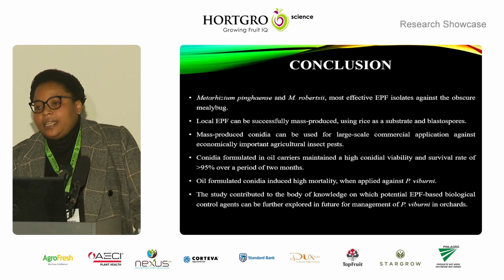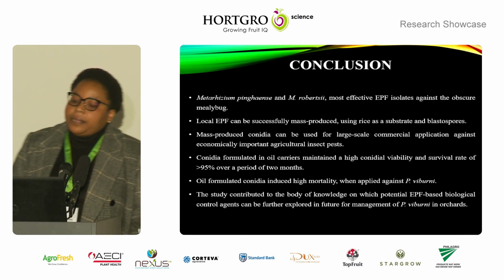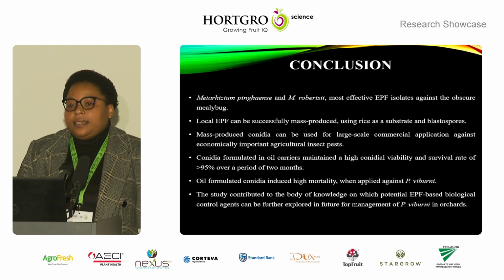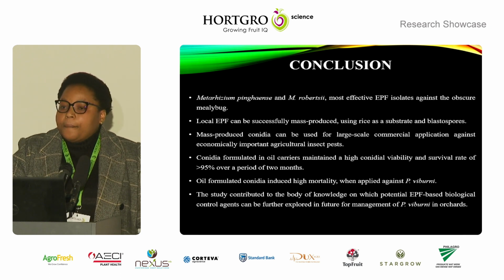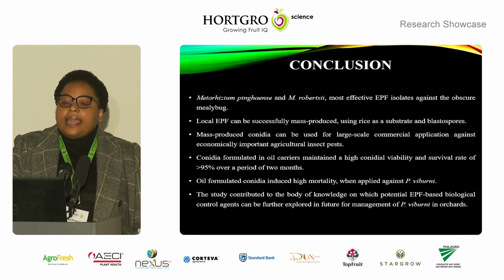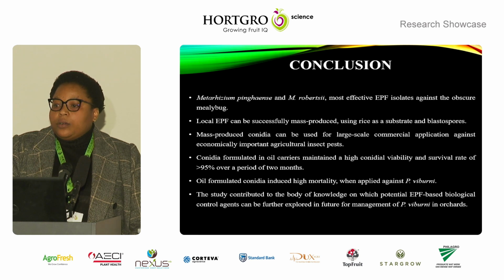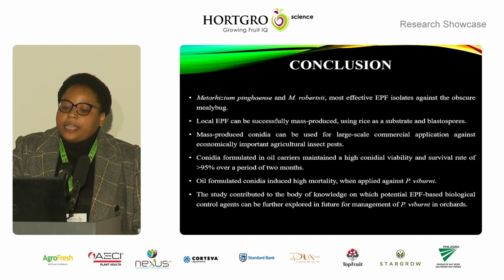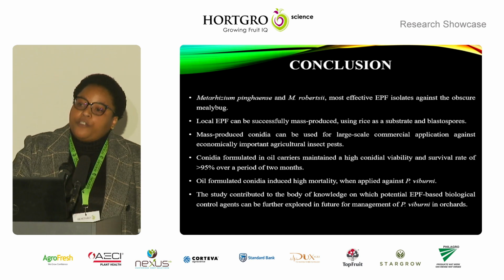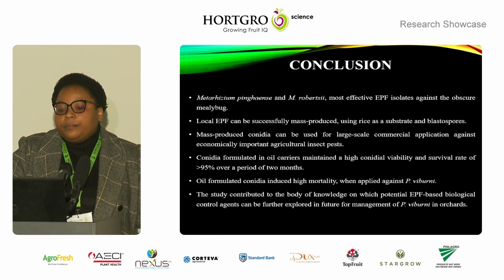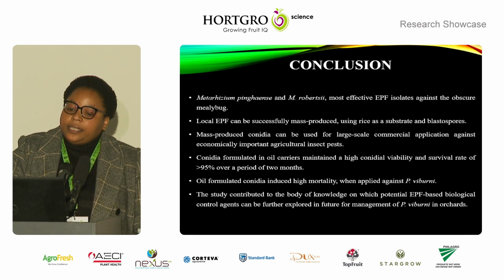From our study, we showed that local Metarhizium isolates, mainly Metarhizium pinghaense and M. robertsii, can be used as potential biological control agents of the obscure mealybug. These local isolates can also be easily mass cultured under lab conditions, and the mass-produced isolates can be formulated to be used in the field to control the mealybug under field conditions.